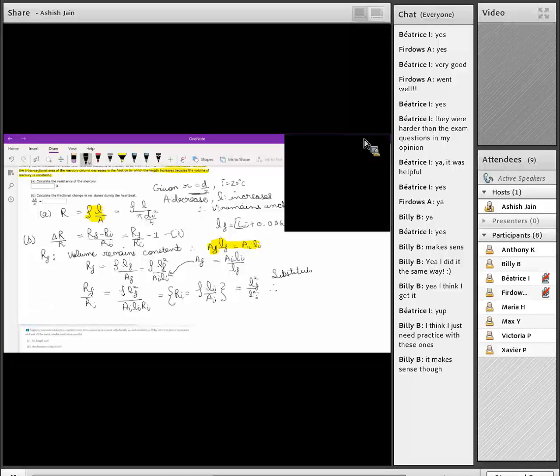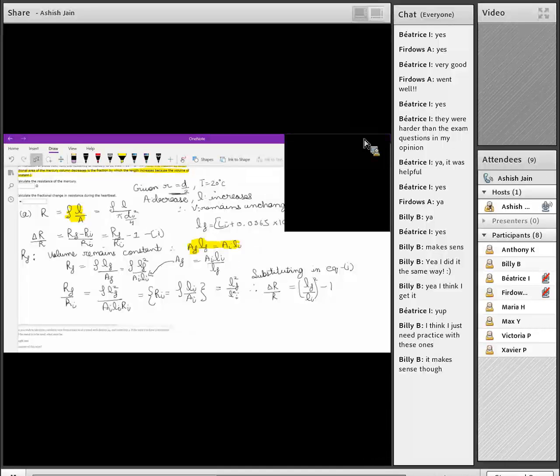Substituting in equation 1, we get delta R by R as LF by LI whole square minus 1. Substitute the values and you get the answer.